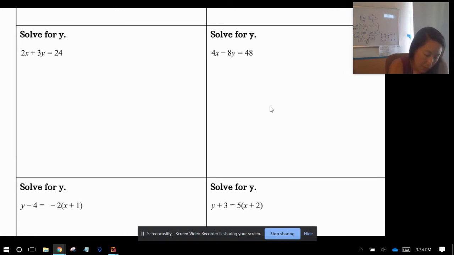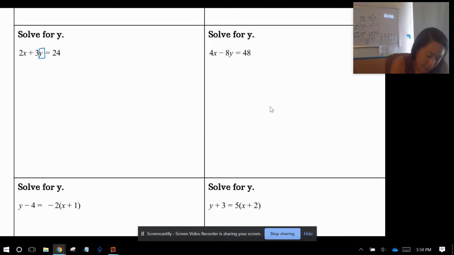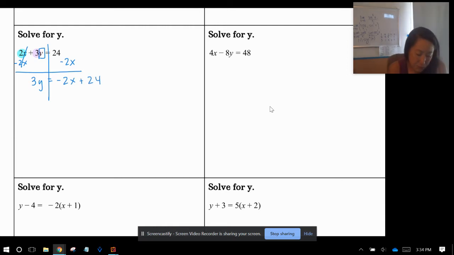Okay, so solving for y. I'm going to get y by itself. I'm going to see that I have a 3 on this side and a 2x on the side with y. So what is the 2x doing to the y? It's adding. We got to subtract that first. So I'm going to subtract 2x from both sides, leaving me with 3y is equal to negative 2x plus 24.